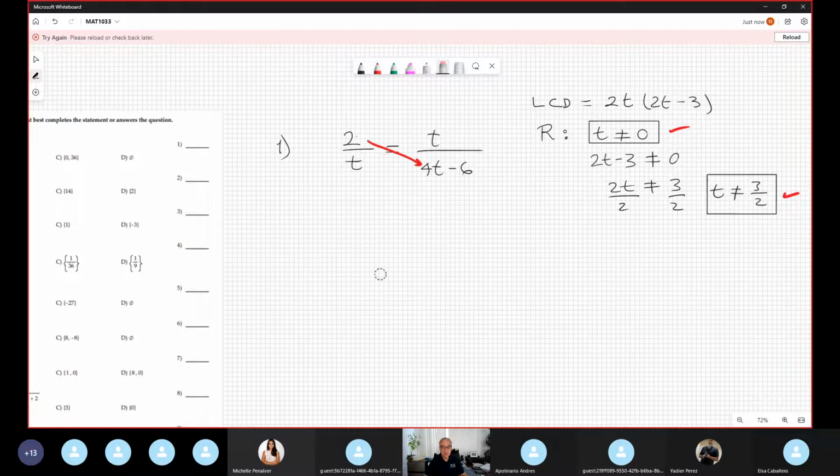Okay, that's the idea. So now you multiply 2 times this, which you want to indicate using parentheses, and t times t is t squared. Okay, this is my new equation, that not necessarily is 100% equivalent, but it's 100% equivalent if you consider the restrictions.